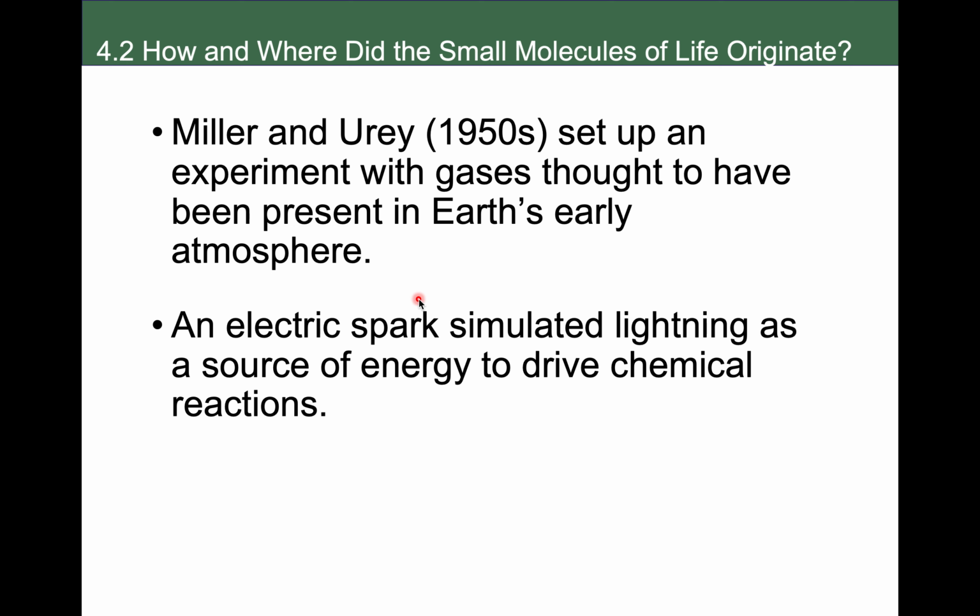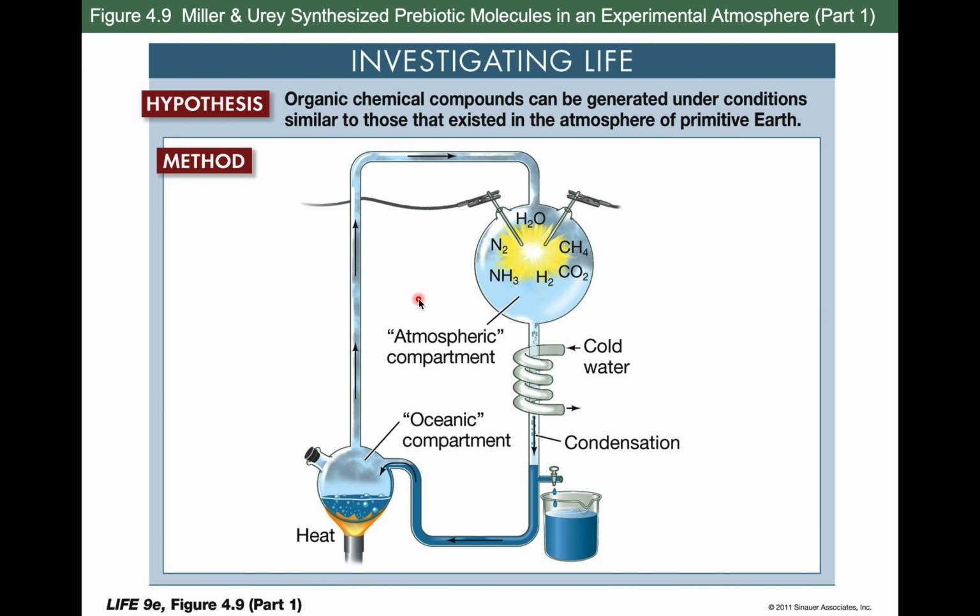They tried to set up an in-the-lab simulation of Earth's early atmosphere. I'll just show you the image here. Their setup looks something like this, where they had an atmospheric compartment up here. So this is basically a closed system.